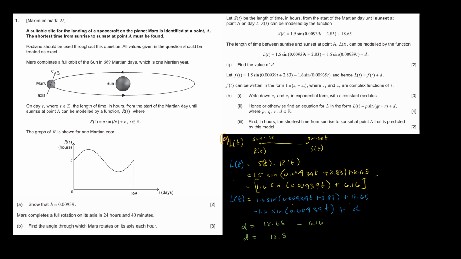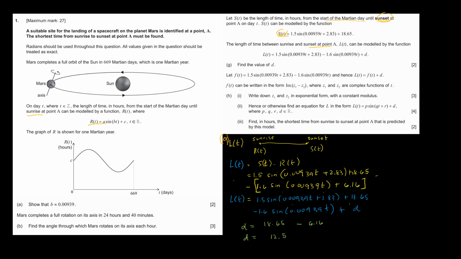Let S of t be the length of time in hours from the start of the Martian day until sunset. The length of time between sunrise and sunset at point A, LT, can be modeled. So this is the length of time between sunrise and sunset. Sunset is S of t, and sunrise can be taken from here until sunrise.